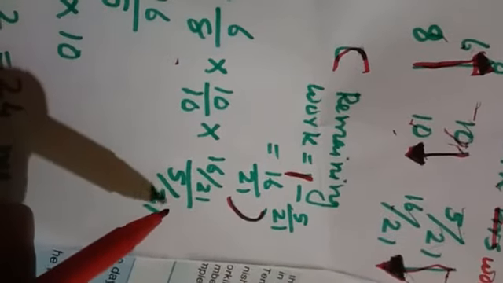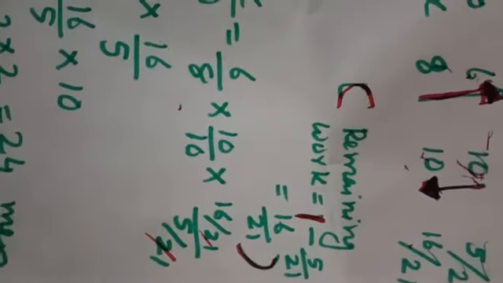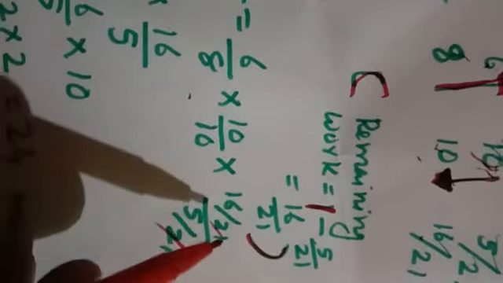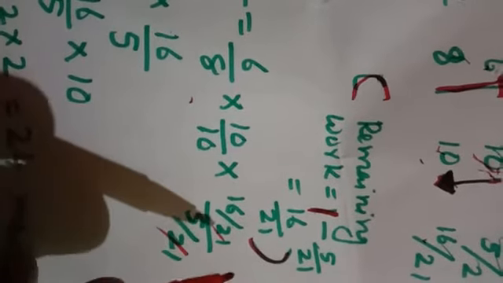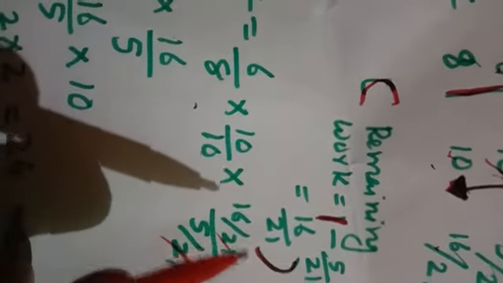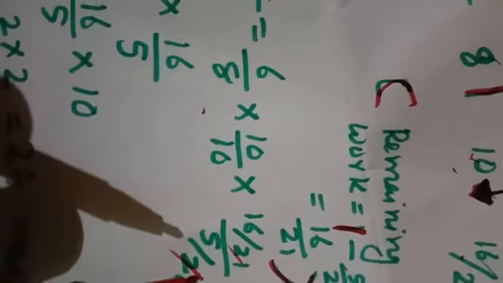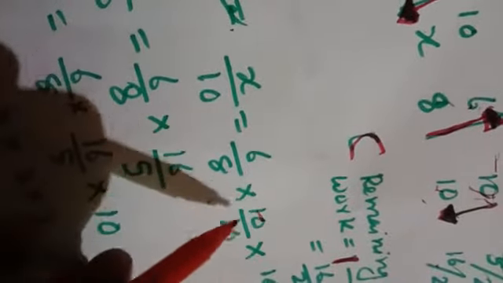This 21 and this 21 get cancelled. Because it is divide, we multiply with the reciprocal: 16 by 21 into 21 by 5. The 21 gets cancelled, and the 10 and 10 also cancel.